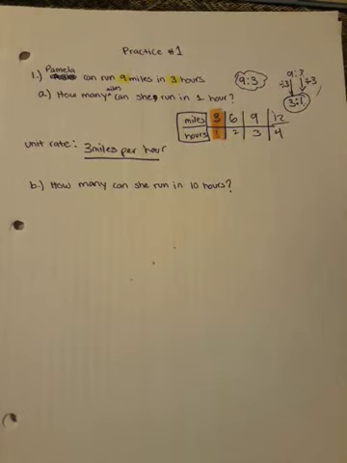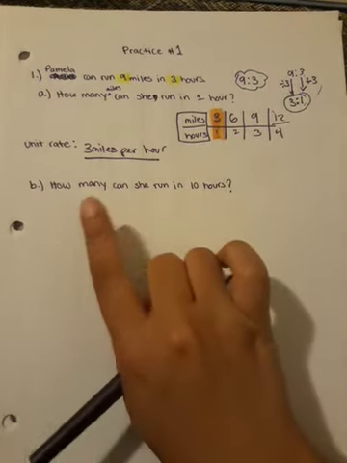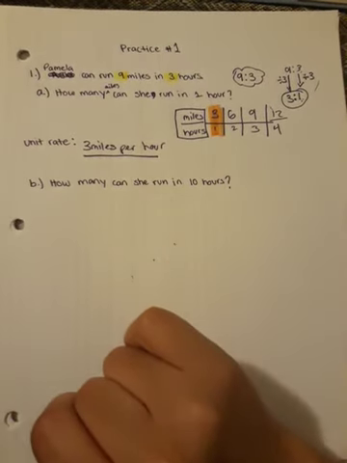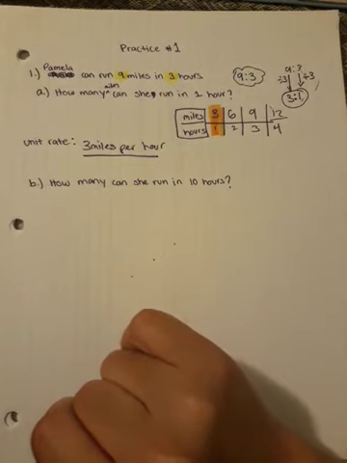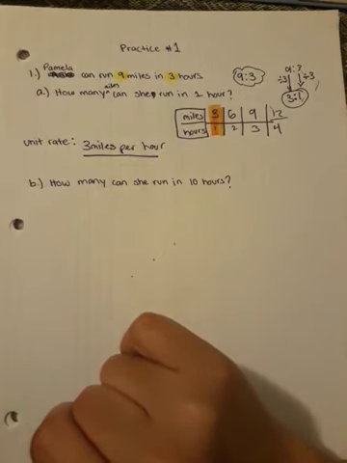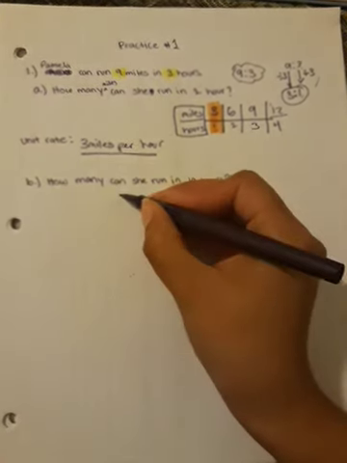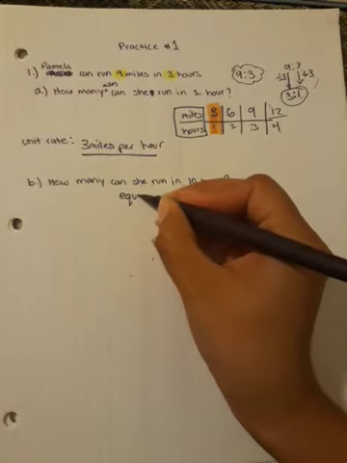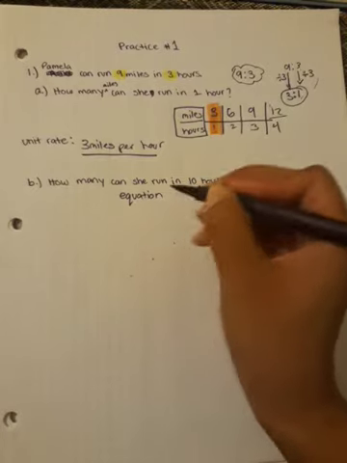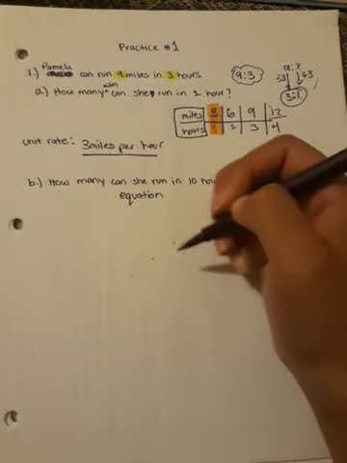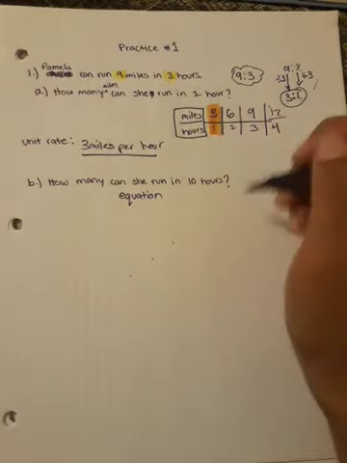All right, our next question. How many miles can she run in 10 hours? I know that for the previous 2 weeks, we've been practicing writing equations, right? And using variables to write an equation.